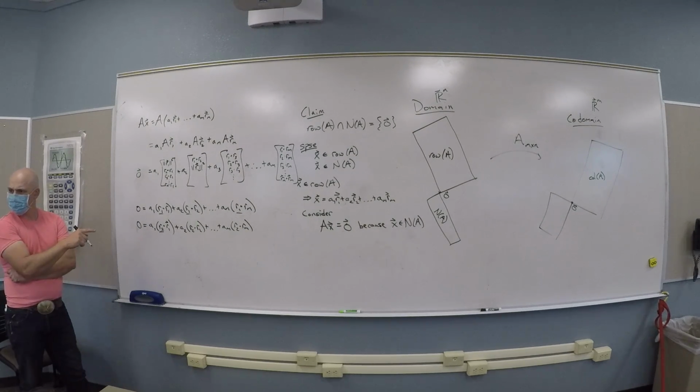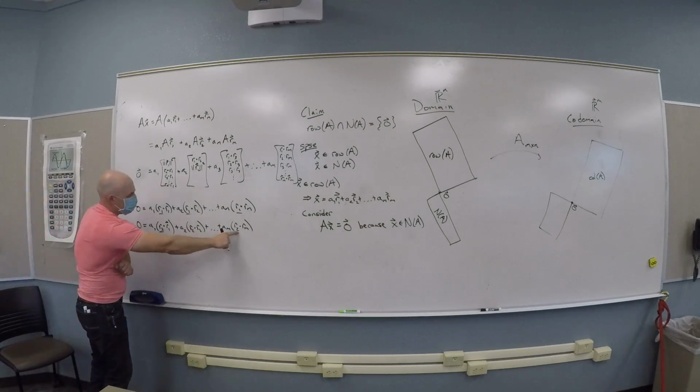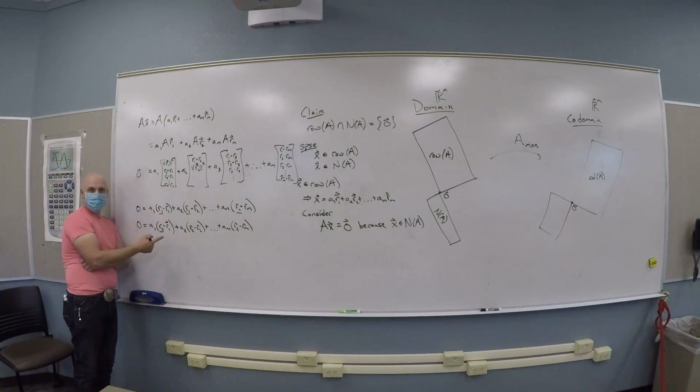You guys see that? When I dot product every row with any one of the rows and multiply through by these same coefficients, I always get 0. That's weird, right?